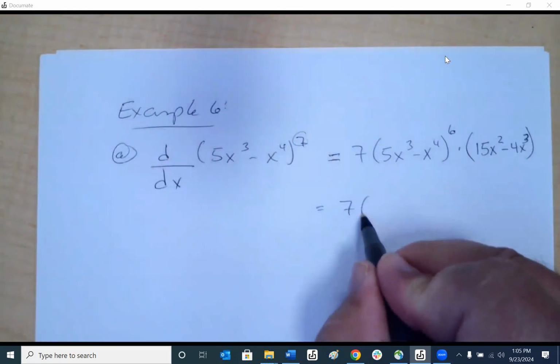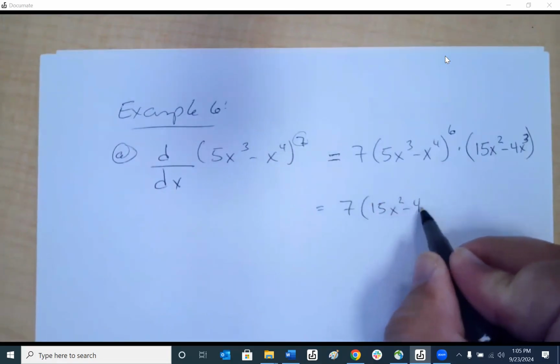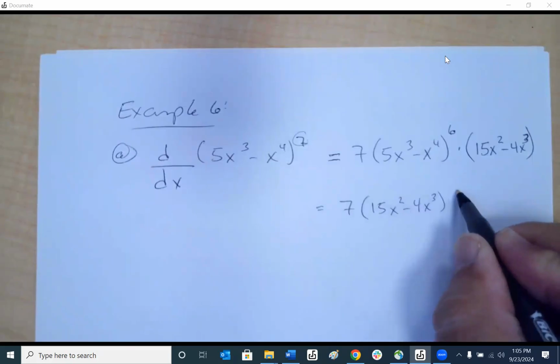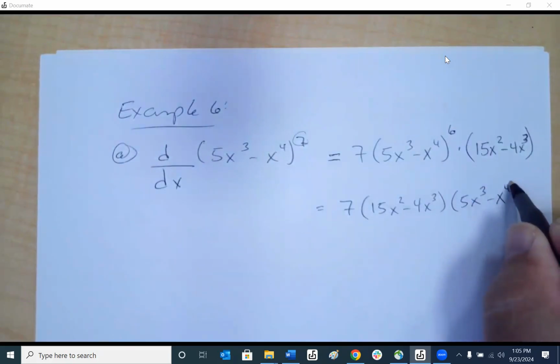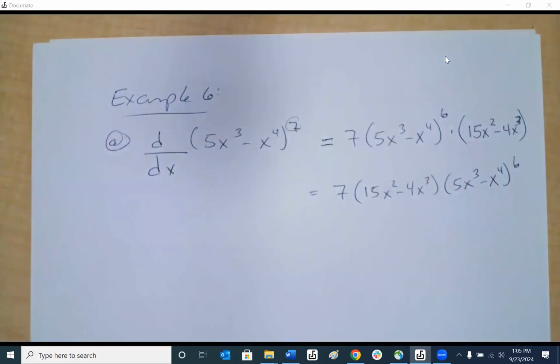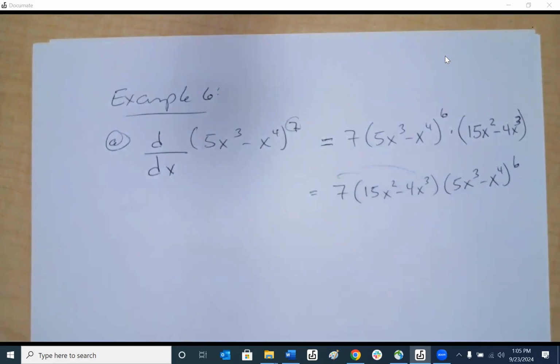So it's 7 times (5x cubed minus x to the 4th) to the power 6 times (15x squared minus 4x cubed). If you wanted to, you can distribute that, but I'm happy we got that far.